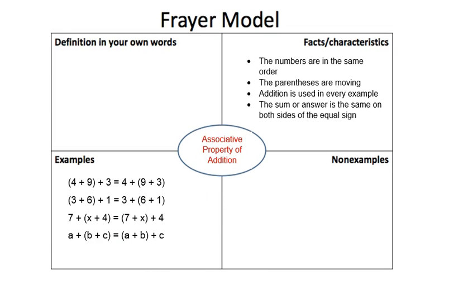Our next property is the associative property of addition. Look over these examples and let's see some characteristics that they have in common. The first is that the numbers are in the same order. And what I mean by that is that on this side of the equal sign, notice the order is 4, 9, 3.